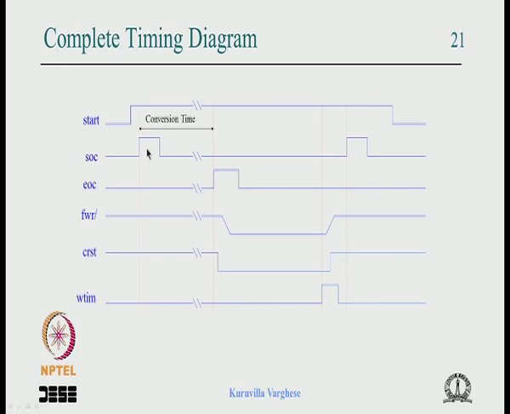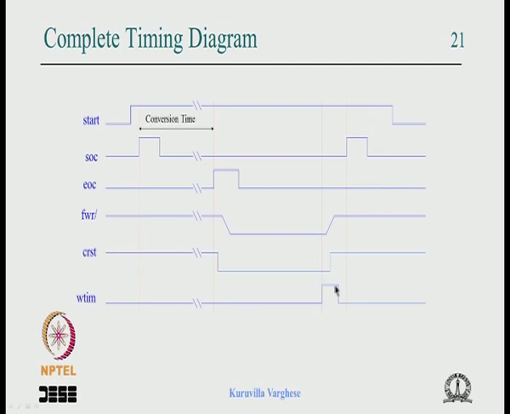So let us move on and see the updated timing diagram. Everything remains the same. When the start comes, the start of conversion is given by the controller, which waits for end of conversion, and this is the conversion time from start of conversion to end of conversion. Then the controller does two things: the FIFO write is made low and the reset is made low, the counter starts counting, and the controller waits for the write width time signal.